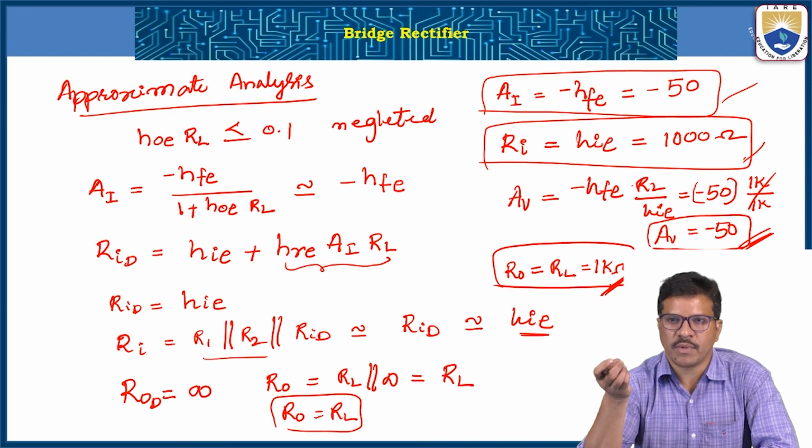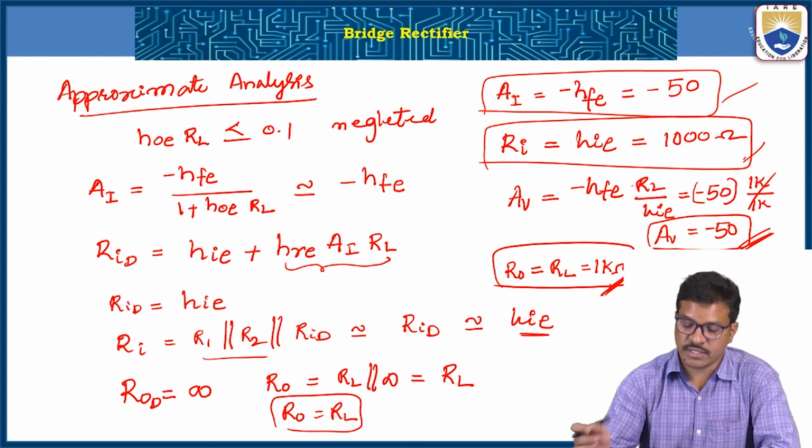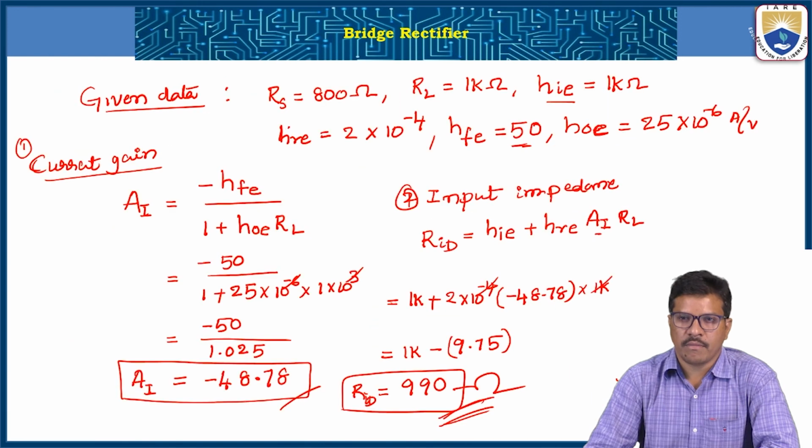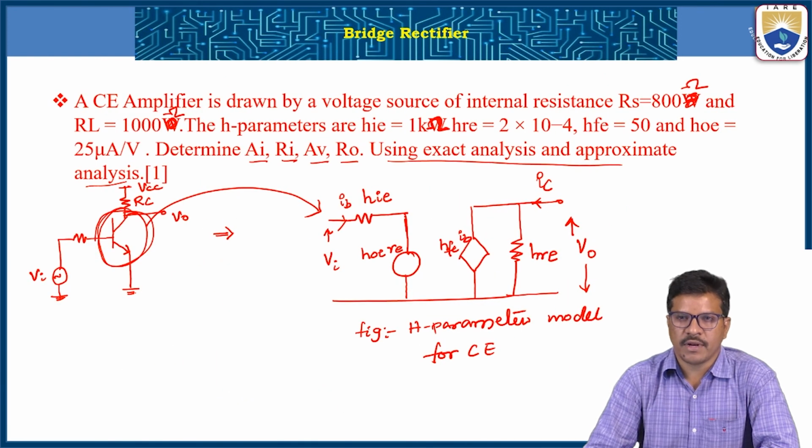Then you substitute the admittance formula, and you will get the answer. In this way we find the H parameter model characteristic parameters of voltage gain, current gain, input impedance and output impedance of a given CE amplifier using H parameter analysis, especially exact analysis and approximate analysis.